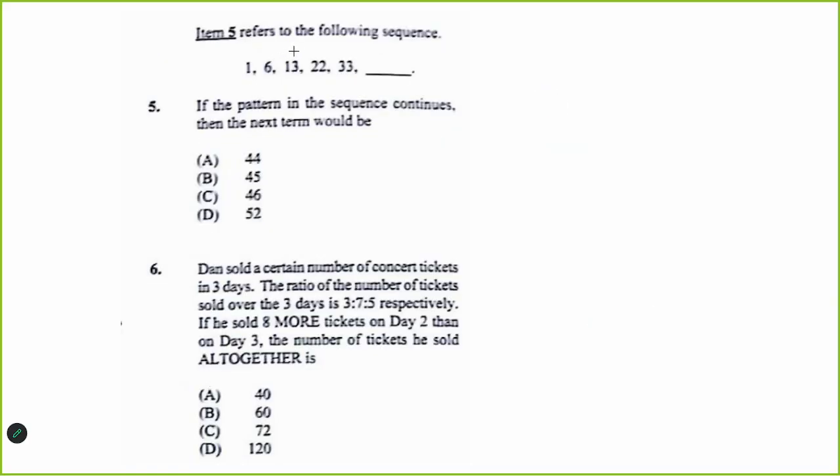Number 5 refers to the following sequence. So you will go 1 to 6, you add 5. Then 6 to 13, you would add 7. Then 13 to 22, you would add 9. Then 22 to 33, you would add 11.